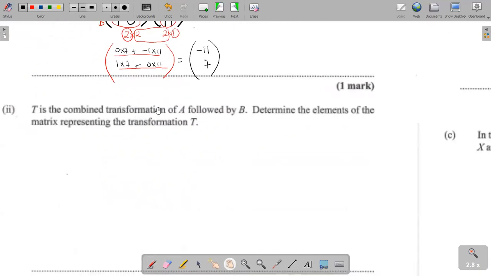T is the combined transformation of A followed by B. So if A is the first one, right? So it's a find the transformation T. So they say combine. That means you're doing a transformation after a transformation. Which one comes first, the A or the B?